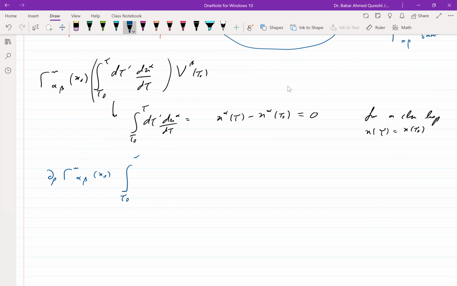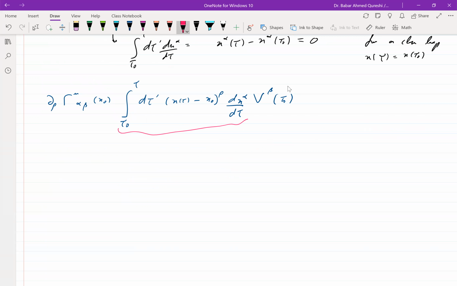And inside, you have dx alpha over d tau v beta of tau naught. So the integral I'm trying to evaluate is this: tau naught to tau, d tau dash, x of tau dash.